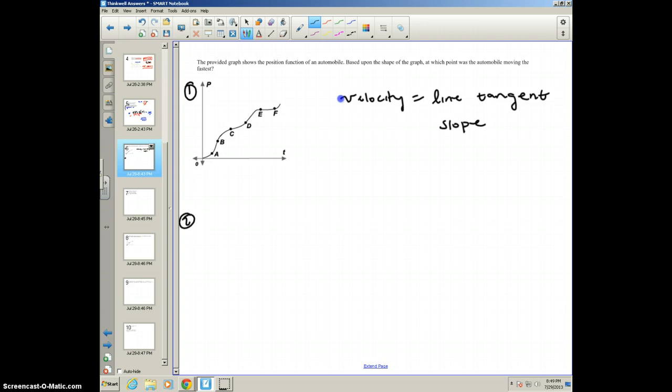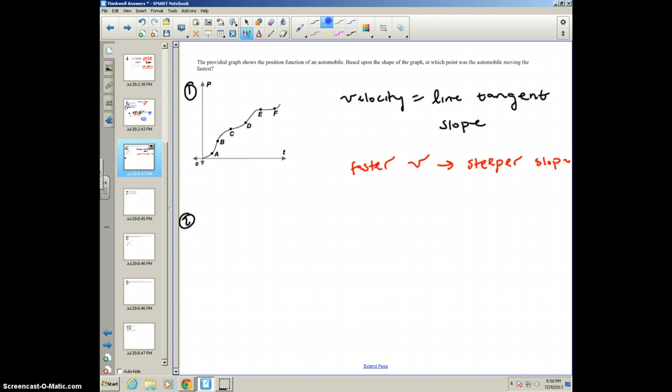So basically the concept we have to understand is where the velocity is fastest. The faster the velocity, the steeper the slope. So basically we're going to go through these points and look for where the slope is the steepest.